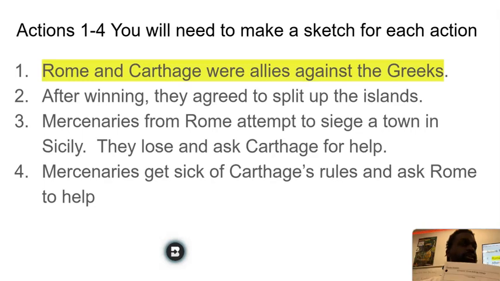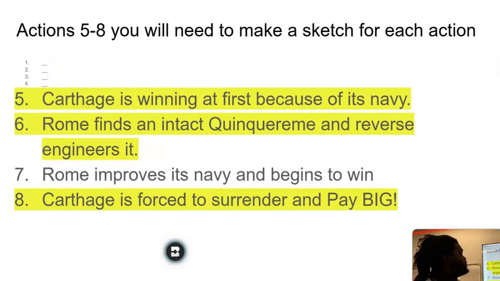Okay? Now here's the important part. Ignore the numbers. So for example, since this is the first yellow highlight, you're going to do that picture in box number 1. If you look here, this is number 5. Do not write this down in box number 5. Okay?